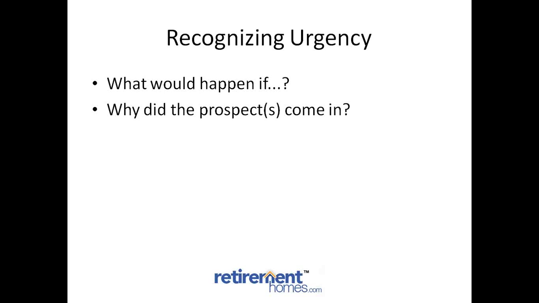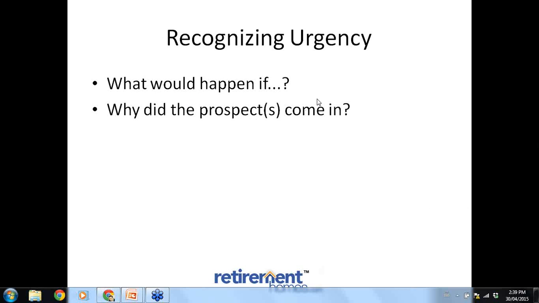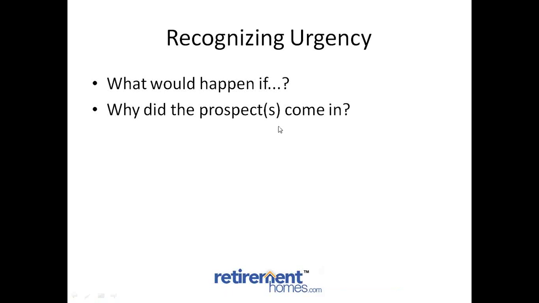And I think that is the most effective way to help recognize that sense of urgency and sell to that sense of urgency. It's not necessarily about telling them the worst case scenario, what's going to happen if you do this, everything's going to be horrible. Not necessarily about that. And in fact, it's primarily not about that.